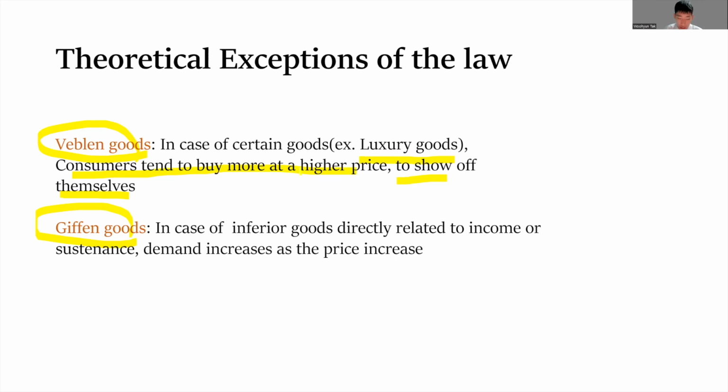On the other hand, Giffen goods, which are still not practically proven, were derived from a phenomenon when there was starvation in a town. Because potatoes were necessary for their lives, people increased the purchase of potatoes, even though the potato price soared. So there are two exceptions that are discussed in current economics.